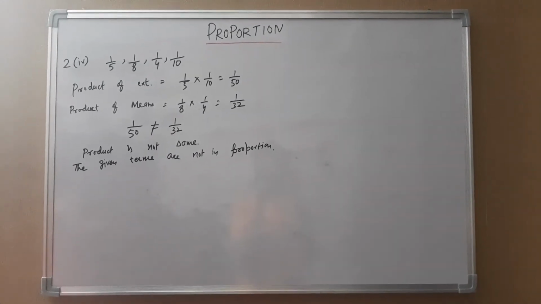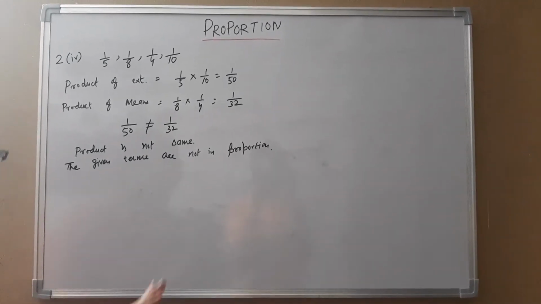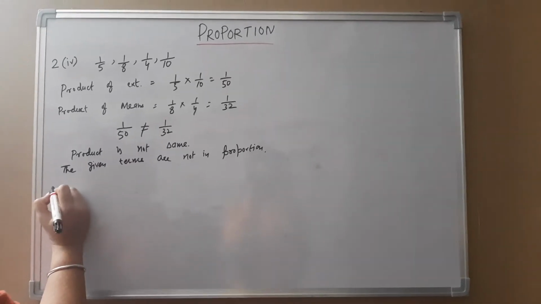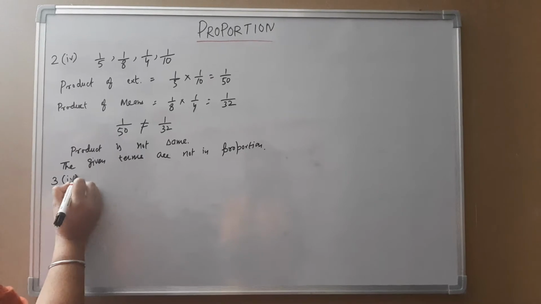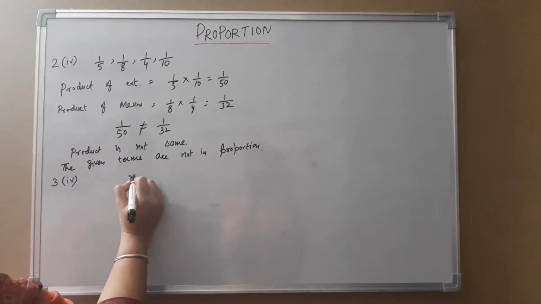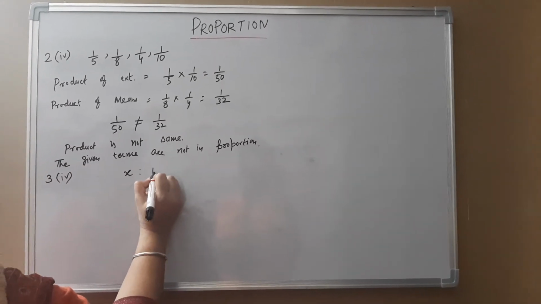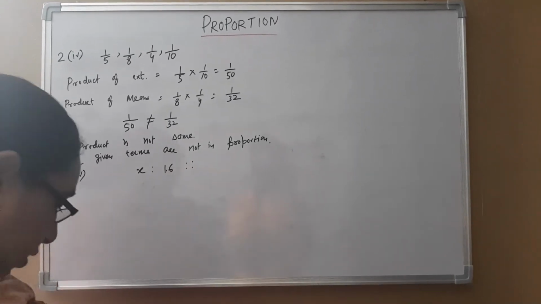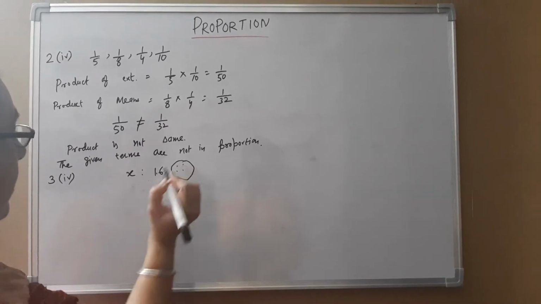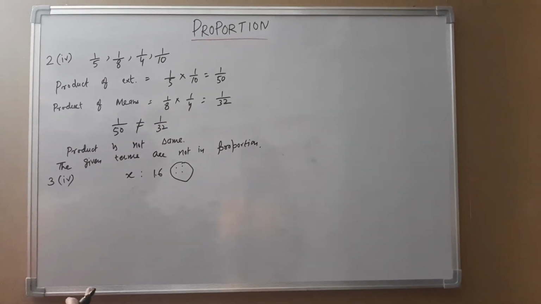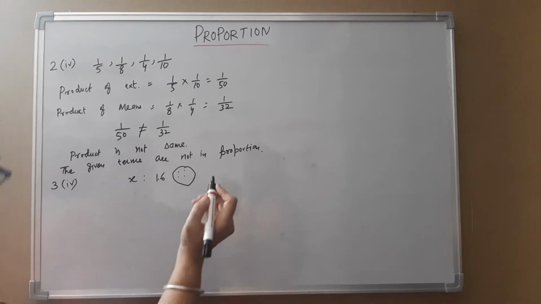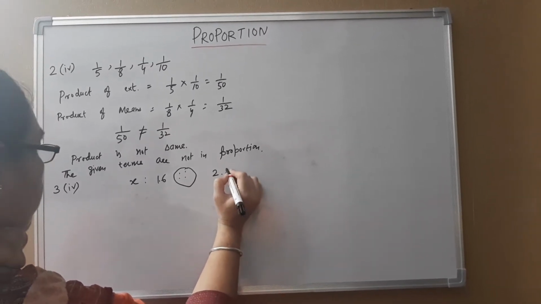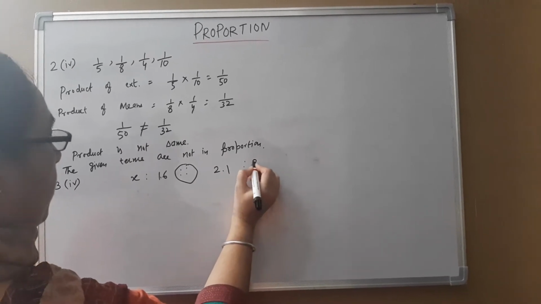Question 3, they have given us one term as x, and we have to find out that term. Suppose I'm doing question 3, fourth part. In this, they have given x ratio 1.6 is proportional to 2.1 ratio 8.4.